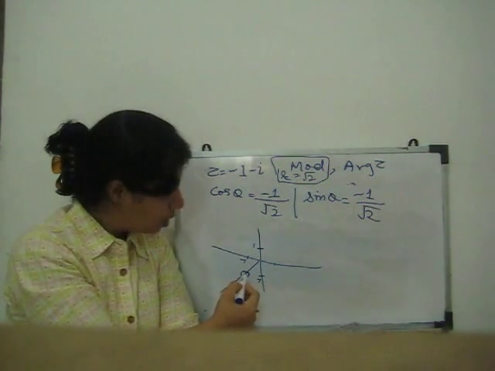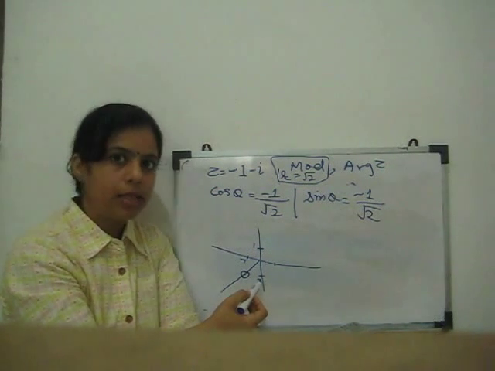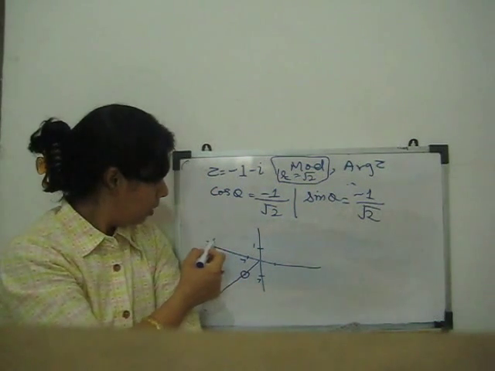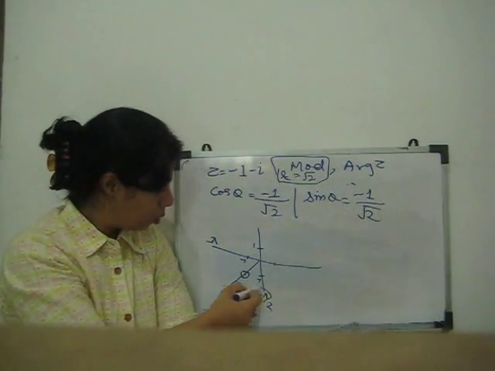So this number -1 minus iota lies here. So it lies between -pi to -pi/2.